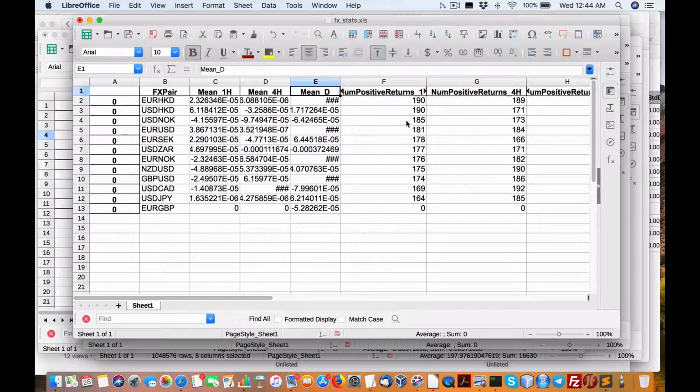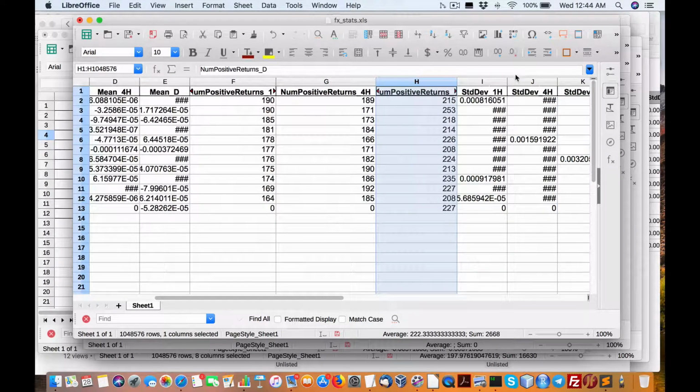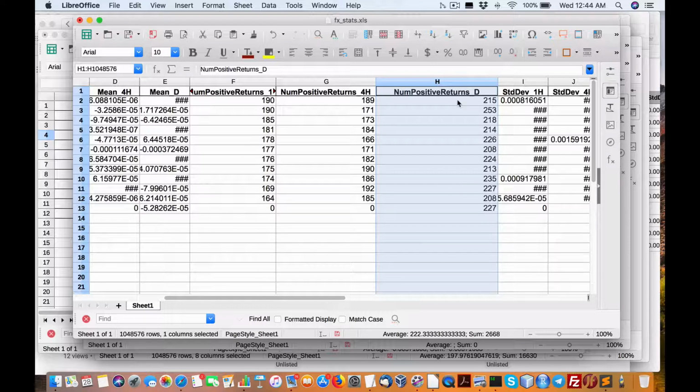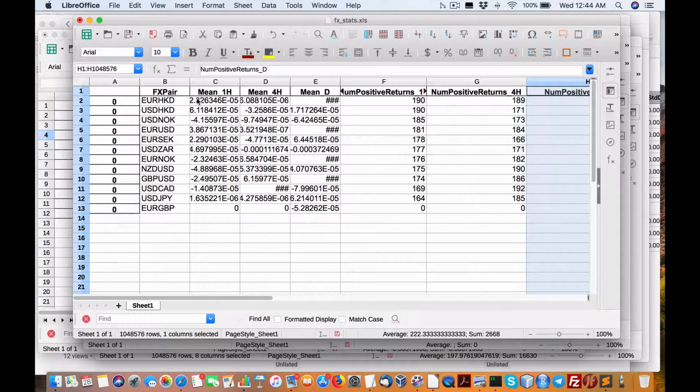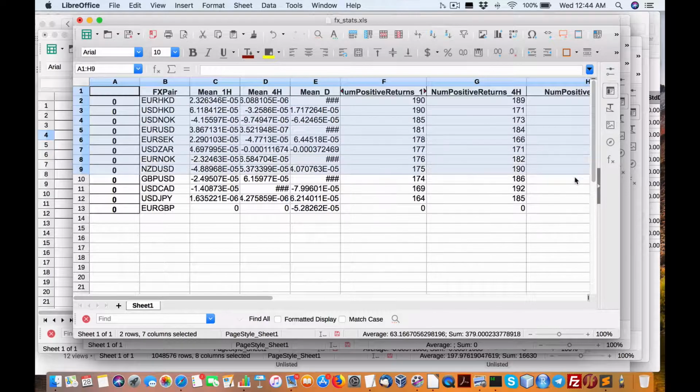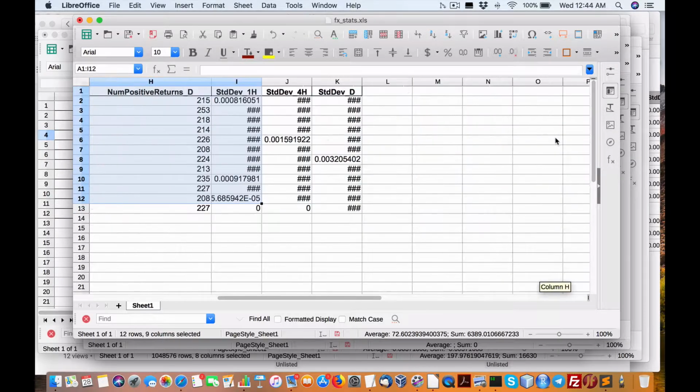In there, I really only care about this number right here, number of positive returns. The one we're looking for is the same daily chart time period, so it would be this one. So if I was to sort this spreadsheet here, I'm just going to do this. Give me a second.